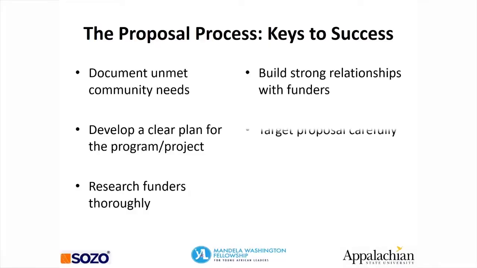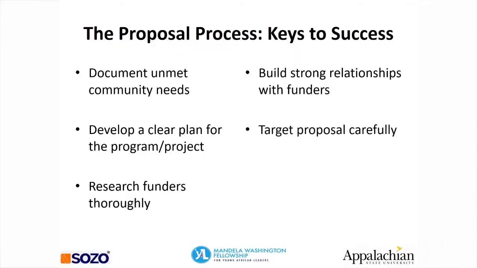But then you need to build strong relationships. And how you do that, we talk about that. And then you target your proposal very carefully to those funders that you have identified here. Okay? So you don't write your grants generally.